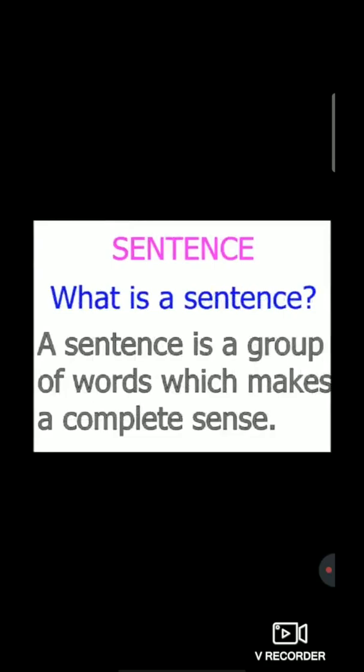So students, first of all, what is a sentence? A sentence is a group of words which makes a complete sense. Students, again I am saying, what is a sentence? A sentence is a group of words which makes a complete sense.